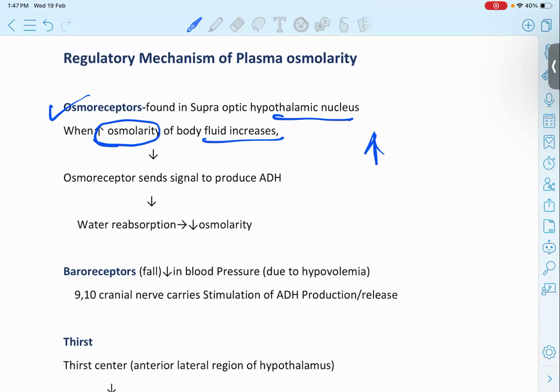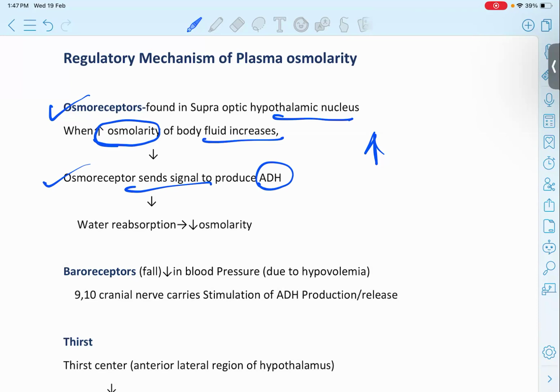The osmoreceptors present in the hypothalamic nucleus will send a signal to the hypothalamus, to the pituitary, to produce ADH, antidiuretic hormone. Antidiuretic hormone, ADH or vasopressin. Same thing, different name. This ADH is secreted from the posterior pituitary.